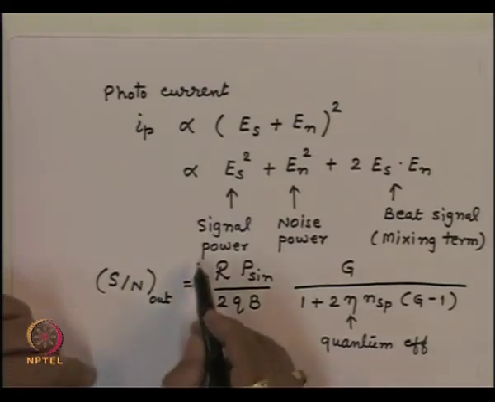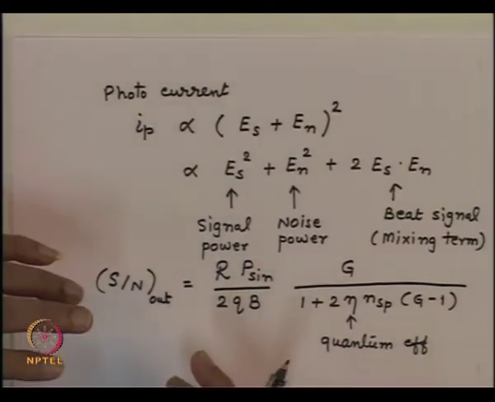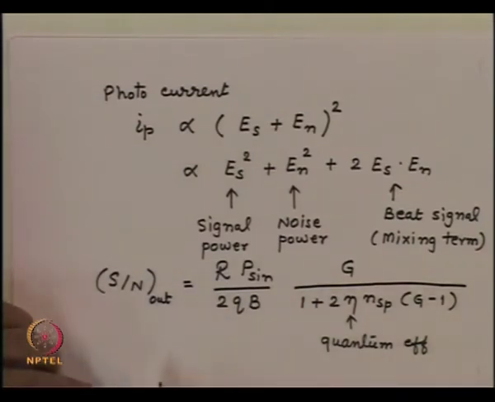Now this quantity is nothing but the signal to noise ratio which we would get at the input, or in the absence of this amplifier.